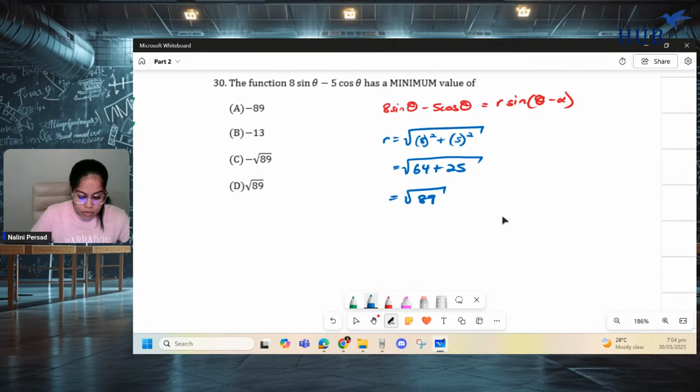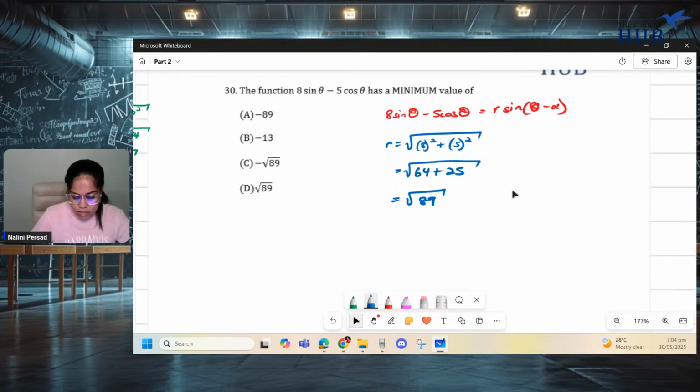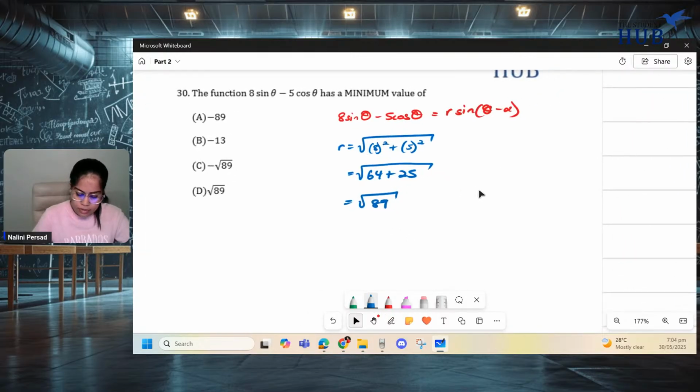So you're seeing it already that the minimum would be negative root 89 and the maximum will be positive root 89. But just to make sure, I show you guys the working. If it was a paper 2 question, you would have expanded it, equated the coefficients, and got the 8 and the 5 to put in here, right?